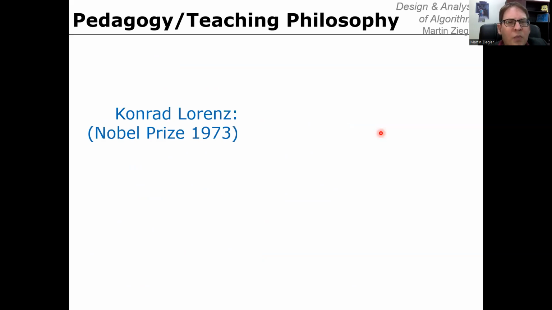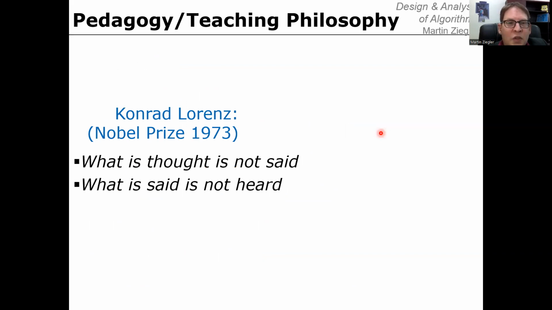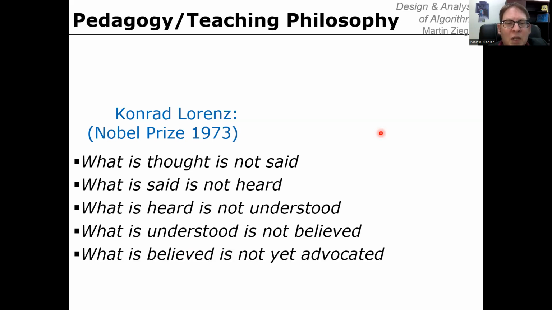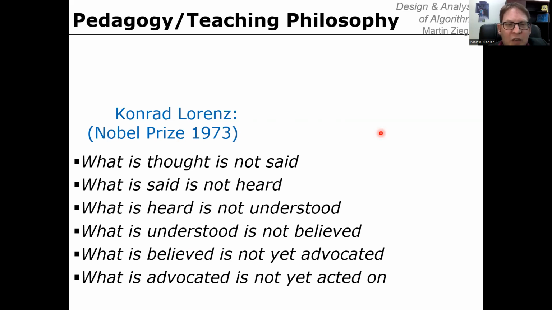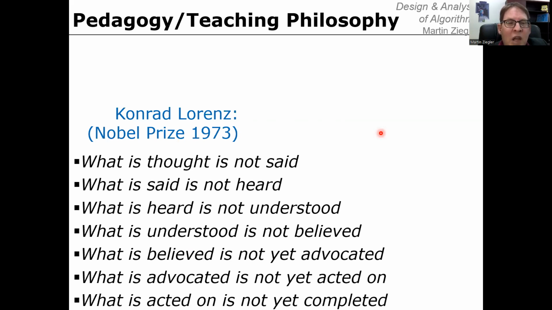And the pedagogical philosophy behind that uses two aspects. One is a quote from Konrad Lorenz, who got the Nobel Prize in 1973, who observed that what is taught is not said, what is said is not heard, what is heard is not understood, what is understood is not believed, and what is believed is not yet advocated, what is advocated is not yet acted on, and what is acted on is not yet completed.